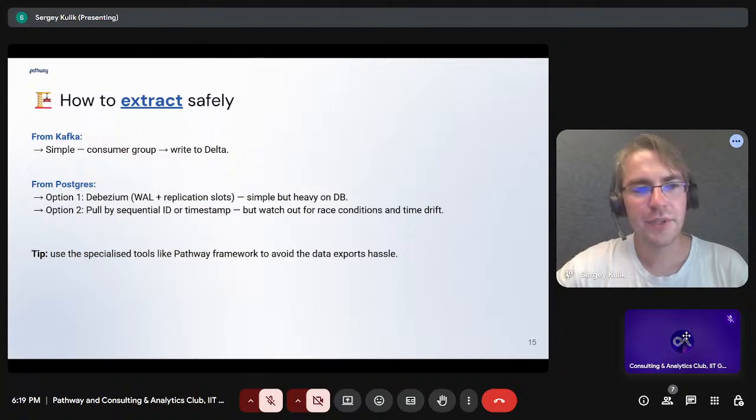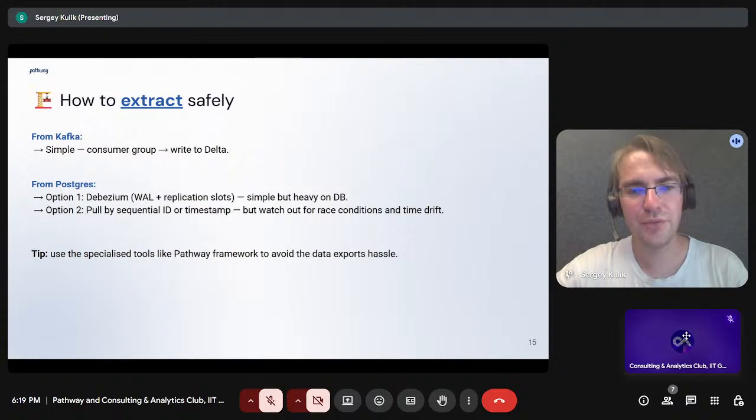There are two approaches to extract data from a database. The first is Debezium, and Debezium works as follows. The database writes all changes that happen to it in the write-ahead log. On the slide, it's WAL. And this data can be propagated to an external reader if you create a replication slot. So Debezium listens to this replication slot and places the data in Kafka, from which you can extract it with a simple consumer group.